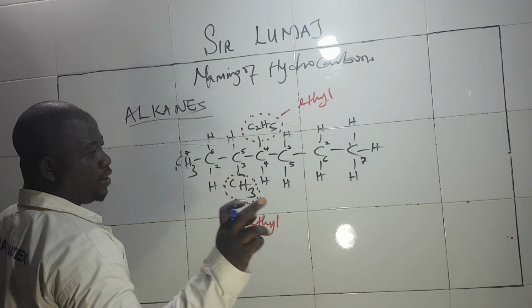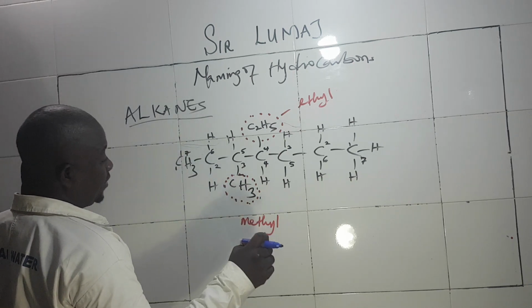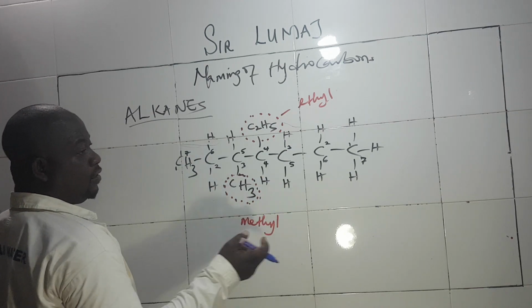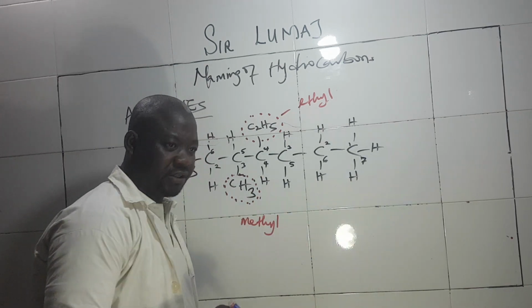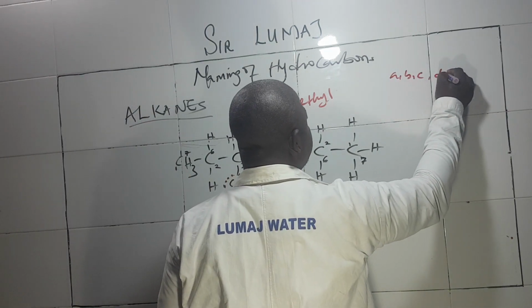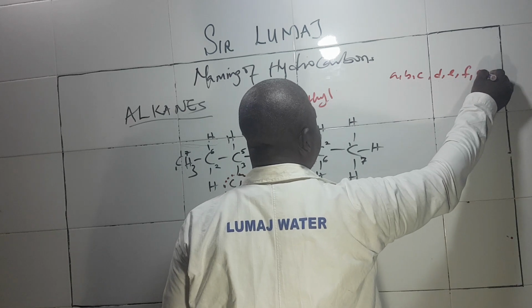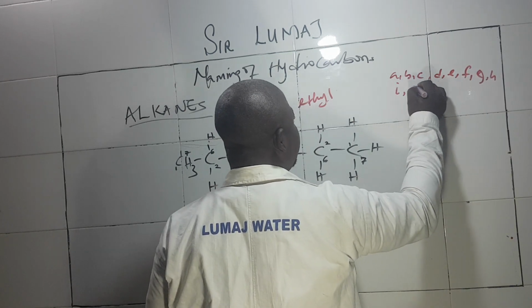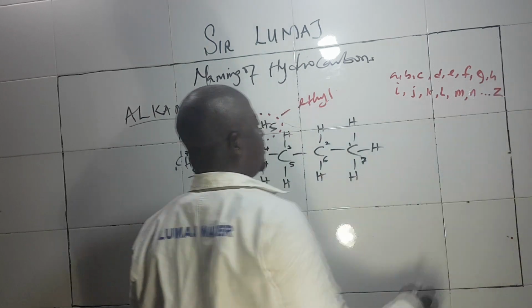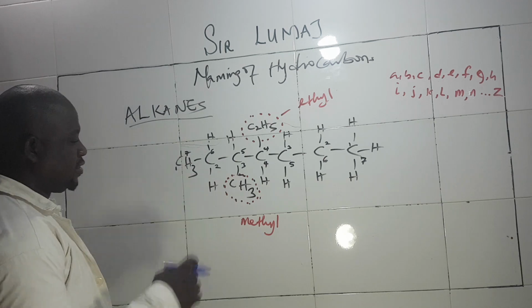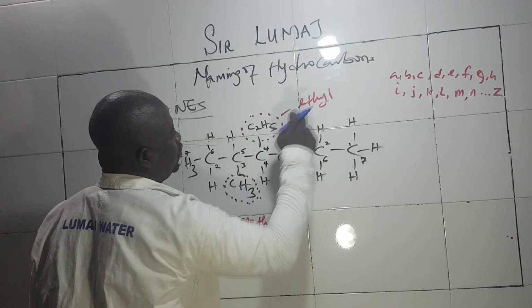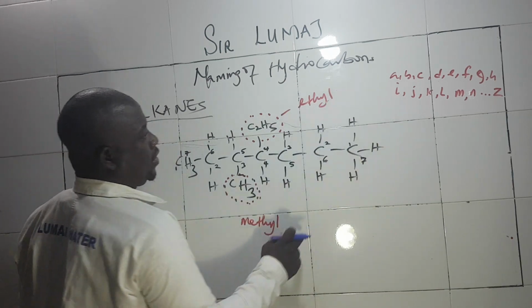Don't forget rule 2 I gave you in the general nomenclature. I said you should pick first the one with the alphabet that will come first when you're counting A, B, C, D, E, F, G, H, I, J, K, L, M, and down to Z. So if you look at this, between methyl and ethyl, which one will come first when you are counting in that order?